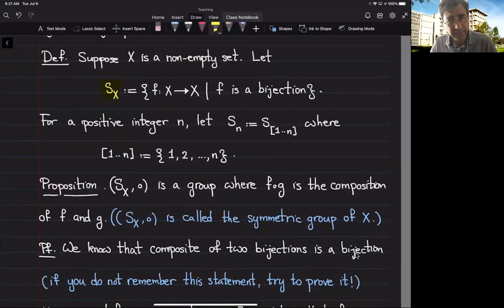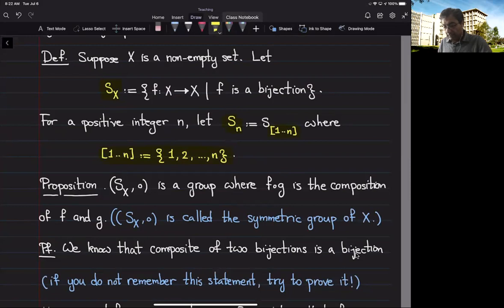And a particular case of this, when X is only the set consisting of integers from 1 to n, 1, 2, 3, up to n, then instead of writing S sub this set, we simply write S sub n. So S sub n consists of bijections from this set to itself, which is an alternative way of saying that S sub n consists of all the permutations of 1 to n.